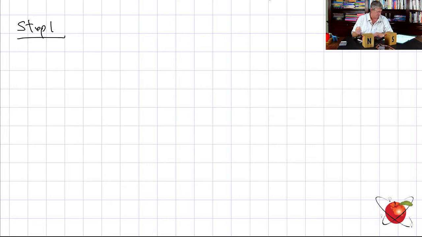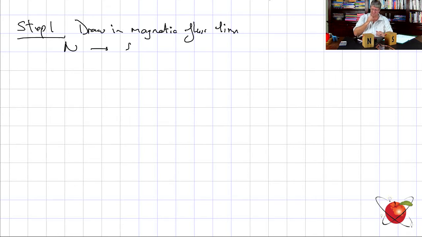Step 1, draw in the magnetic flux lines from north to south. If they've given you the lines, label north-south. This gives the direction.